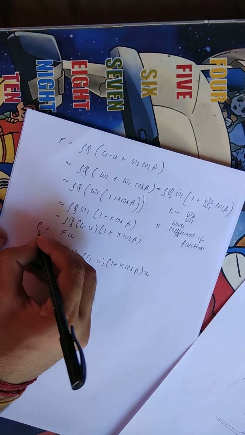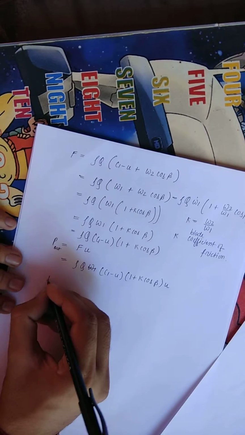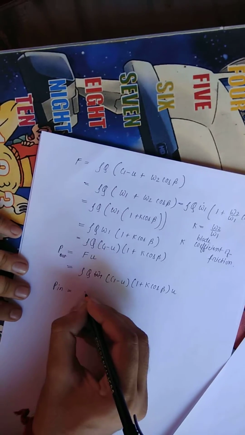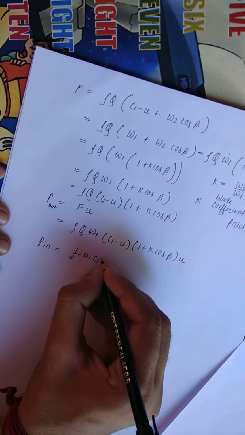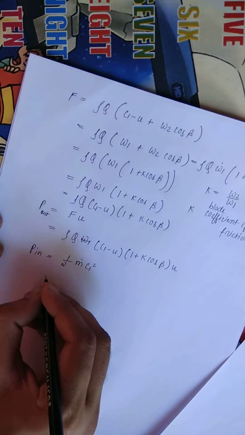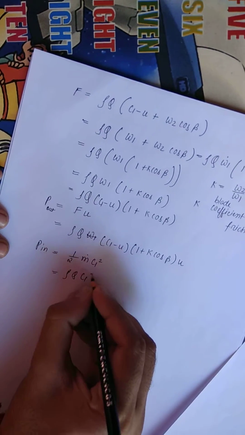Now this is the output power. The input power is half m dot c1 square, or we can write it as rho Q c1 square by 2.